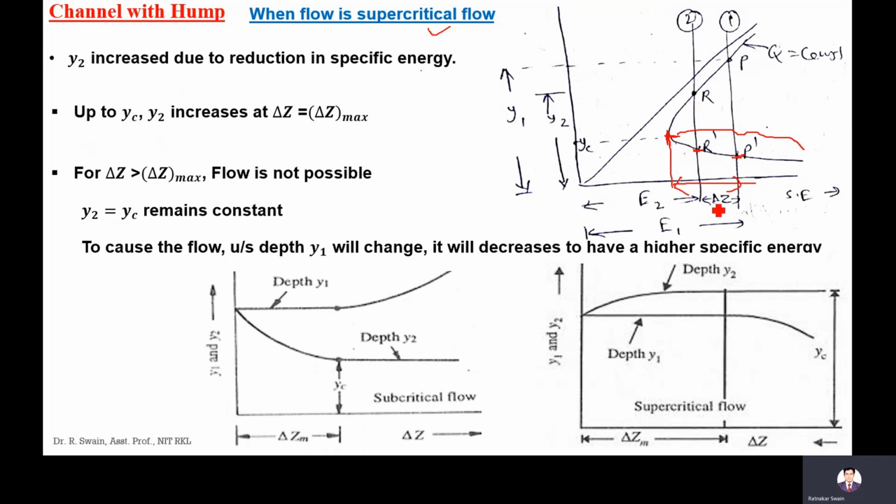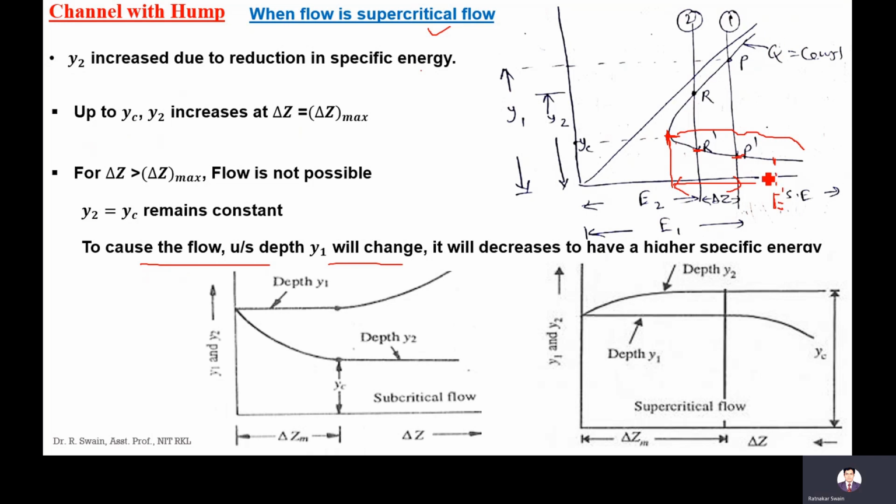After that, again, if you increase the delta Z, when delta Z is more than this delta Z maximum, what will happen? To cause the flow, the Y1 will change. We have to decrease the Y1, so E1 will increase. So this will be a new specific energy at section 1.